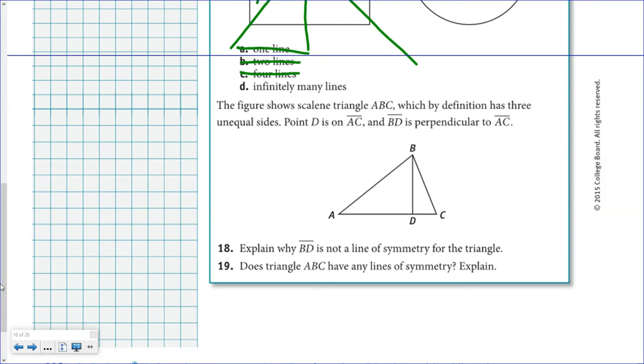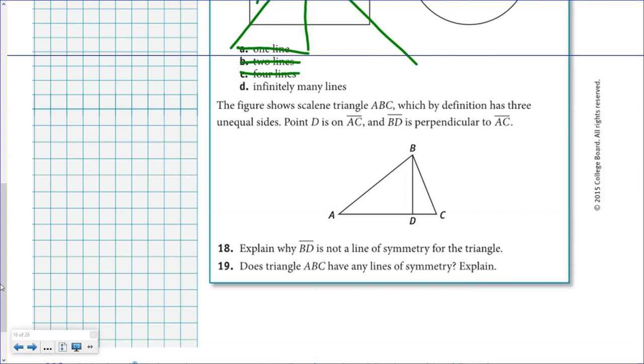Well, we know that AB and BC are not the same length. So when you reflect the figure across BD, they're not going to match up. And that's a good enough explanation there, if that's what you want to say. It's supposed to be a rigid motion, so the 2 sides should be the same. And if you look at it, the 2 sides are not.